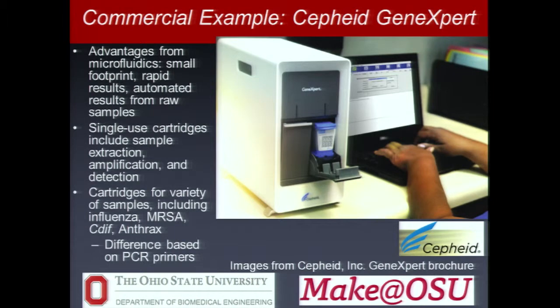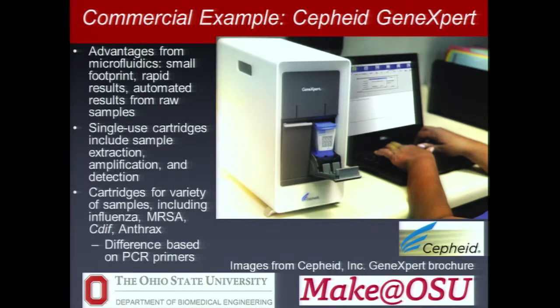This is from Cepheid. A bit of a disclosure, I worked there a while in the 90s at the nascent stage of this technology. But the basic idea is that this cartridge not only has the microfluidics in it, it also has all of the chemistry that's required so that you can take a raw sample from a patient, a cheek swab for some of these analyses they do, put it in there, and it moves the fluid around from your sample, it washes it, it runs the chemistry, and you can't see it, but on the back side of it there's an optical tube that has the PCR reaction occurring.